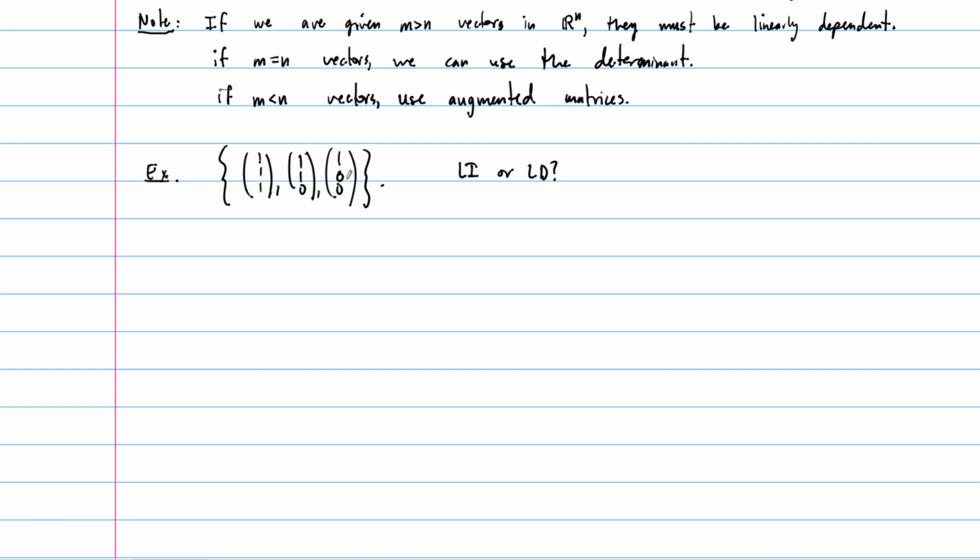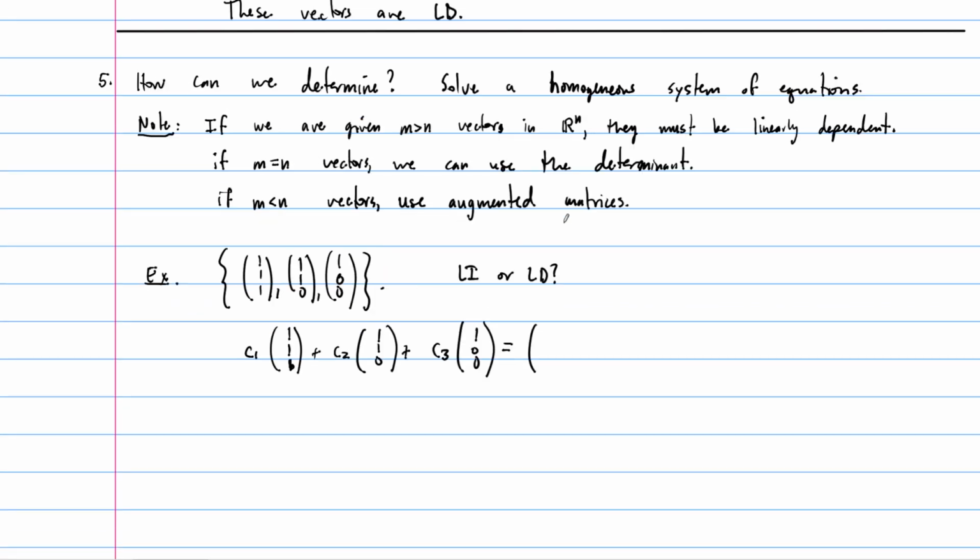Well, like I said, what we can do is write down our system. So let's see how the system is going to compare to the way I've written this here, as a set of vertical vectors. Our system is going to be C1 times the first vector. The order doesn't matter, but they're given in this order, so let's stick with the same order. So C2 times the second vector, and then C3 times the third vector. This is all supposed to add up to the 0 vector, right?